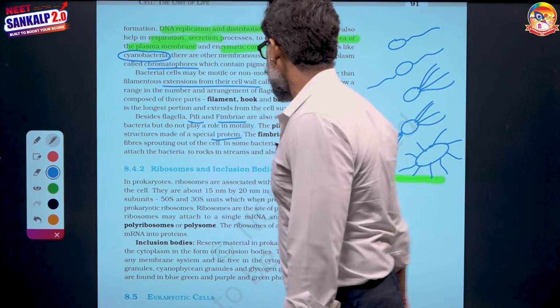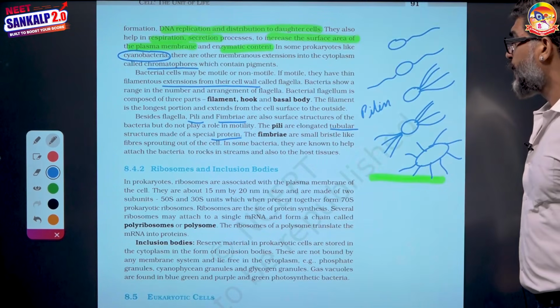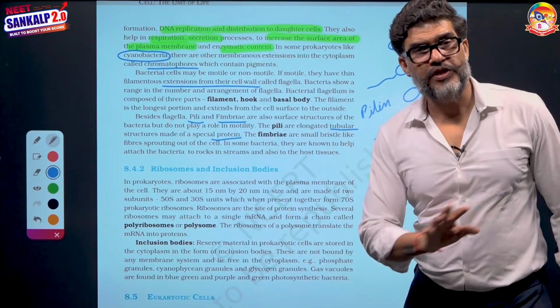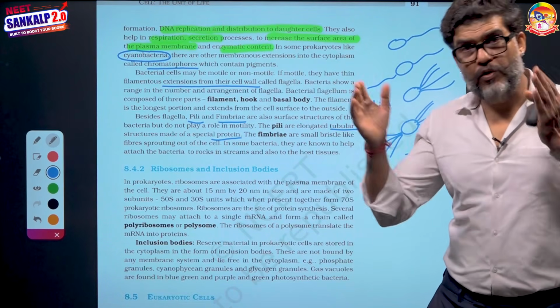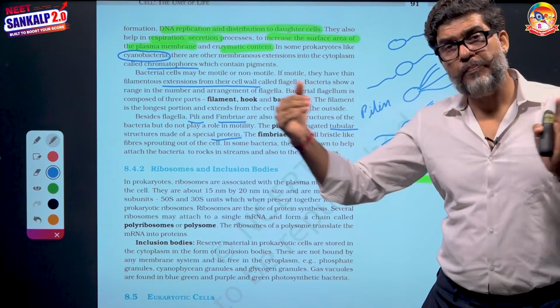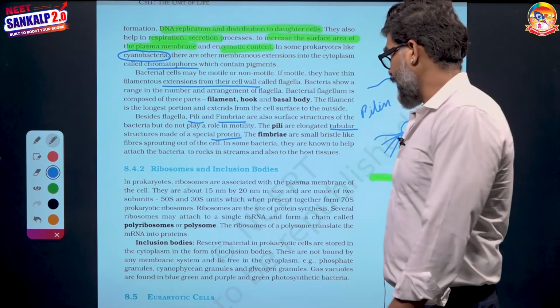You must remember the name of this protein is pilin protein. Pili are associated with one function, what? During conjugation of bacteria, through pili genetic material passes from the donor bacteria to the recipient bacteria.